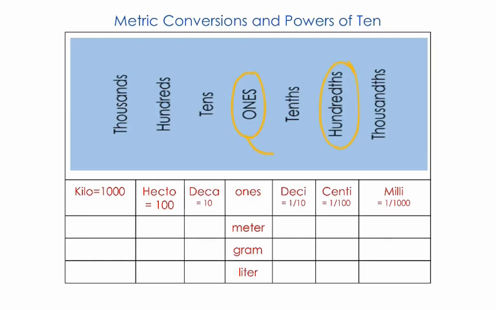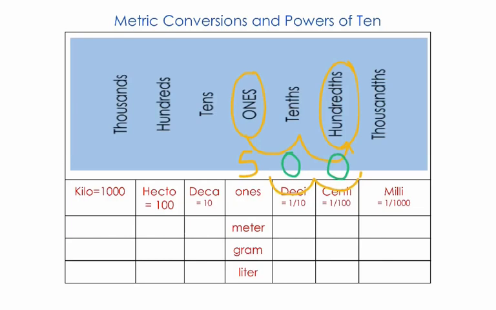That's going to be 1, 2 spaces to the right that you're moving it. So if you had the 5 meters right here and you're moving your decimal point 2 spaces, 5 meters is the same as 500 centimeters.